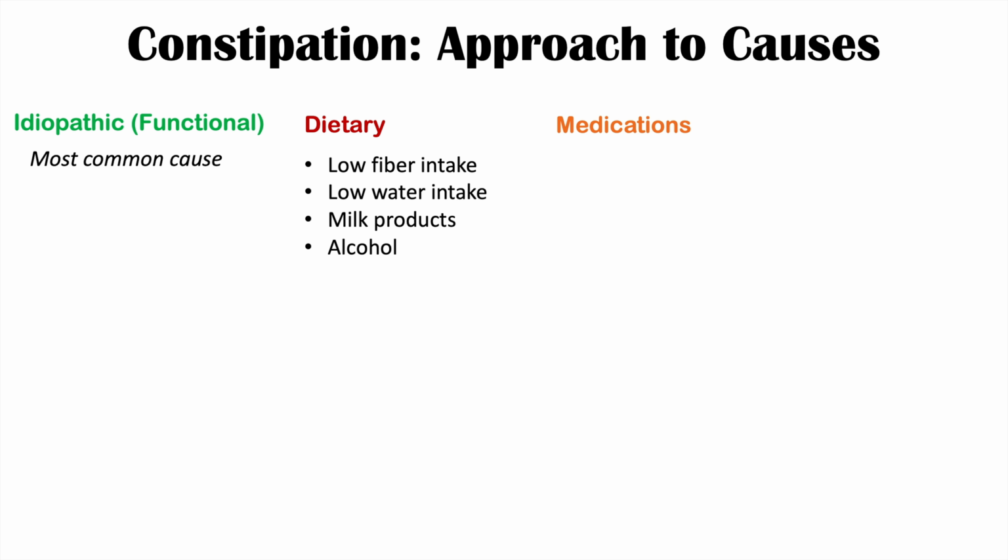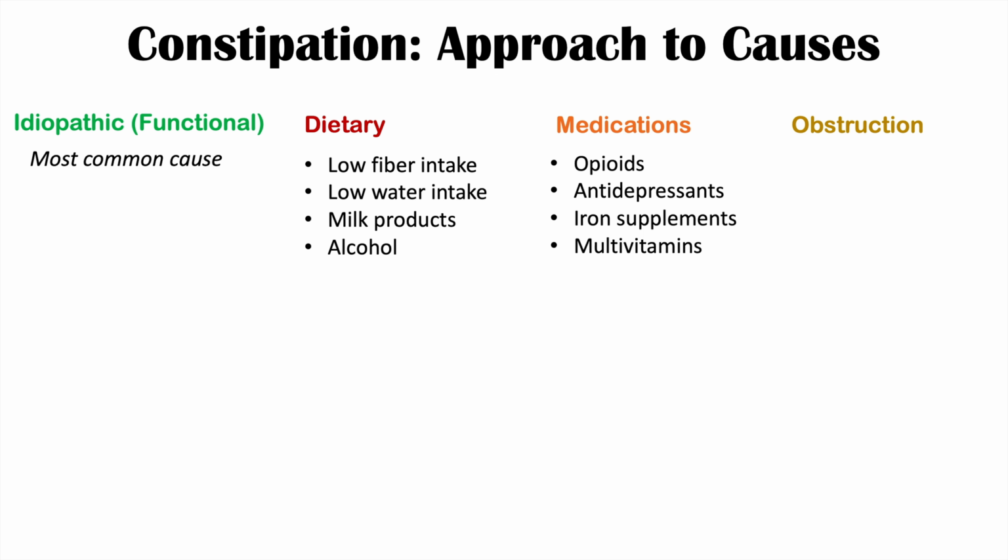Certain medications can also cause constipation as well. These include opioids, certain antidepressants, iron supplements. So taking iron supplementation can increase the likelihood of constipation. And then multivitamins, because they contain iron as well. If there's an issue in the gastrointestinal tract itself, such as obstruction, this can also lead to constipation, because if you're obstructing the movement of gastrointestinal contents, that's going to reduce or stop bowel movements entirely.